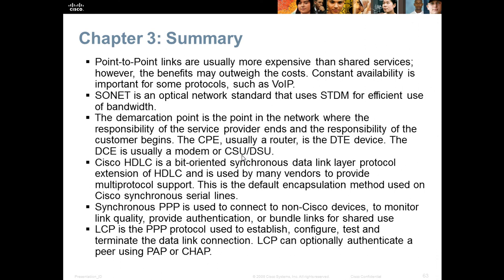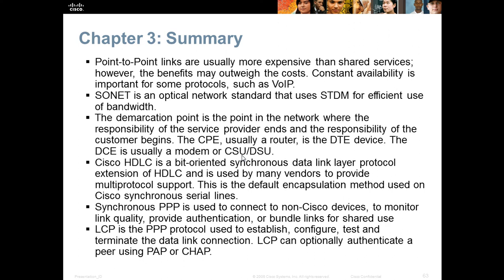So what we have learned in this chapter: we talked about point-to-point links, which are usually more expensive than shared services. However, the benefits may outweigh the costs. Constant availability is important for some protocols such as voice over IP. SONET is an optical network standard that uses synchronous time division multiplexing for efficient use of bandwidth.